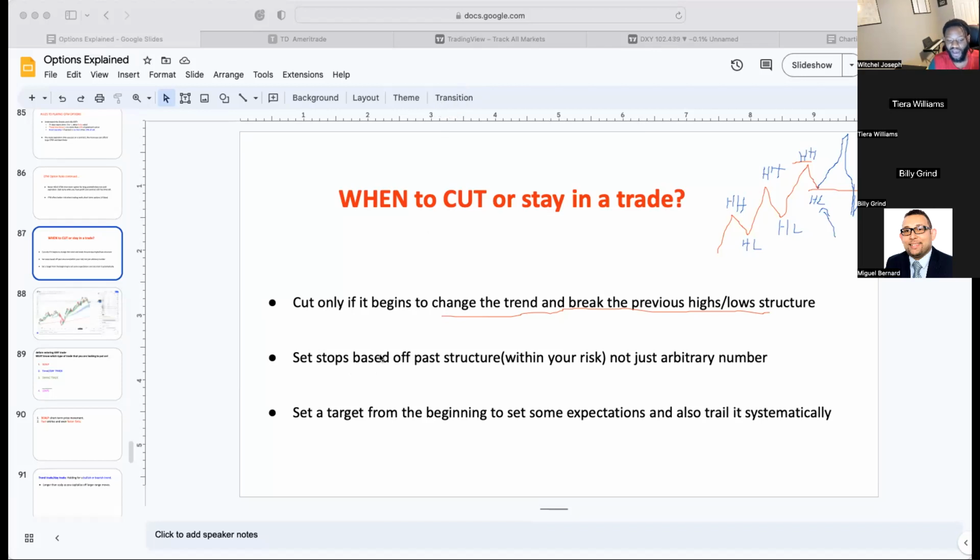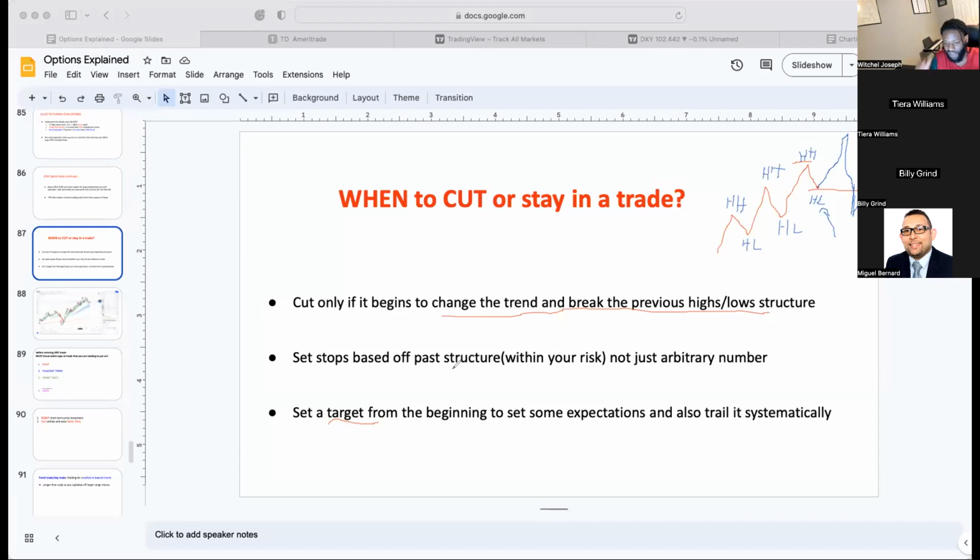And now when you do that, the other thing too, you want to have a target. If you have a target, that will help you know what your expectations are for the trade, and see if you really are going towards your target or if you're struggling to get there. And then as the trade is going your way, you can move your stop loss.